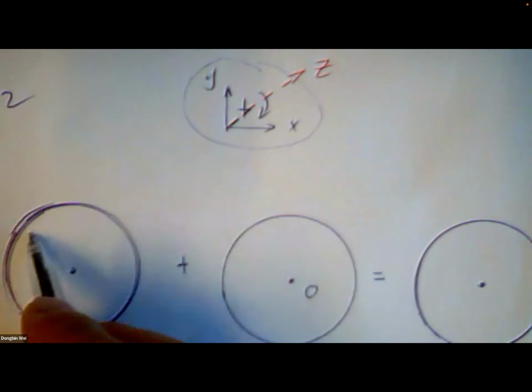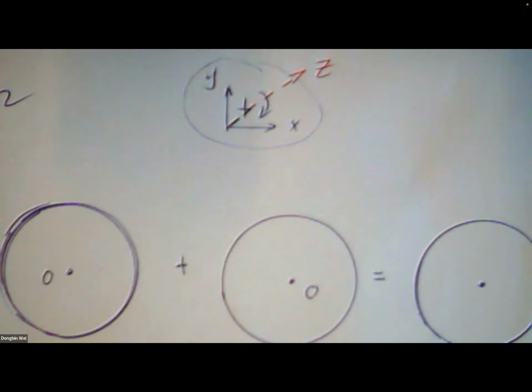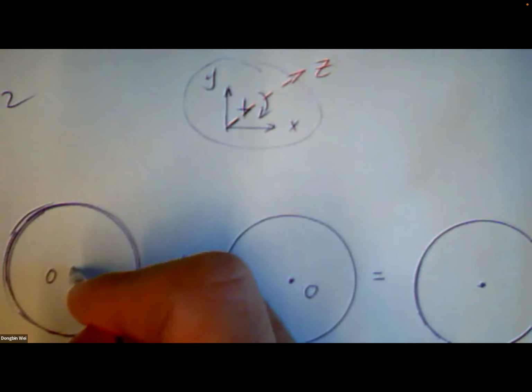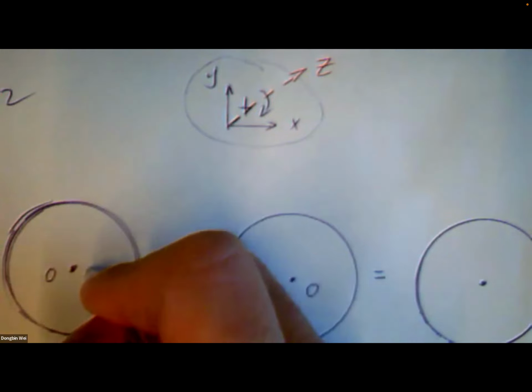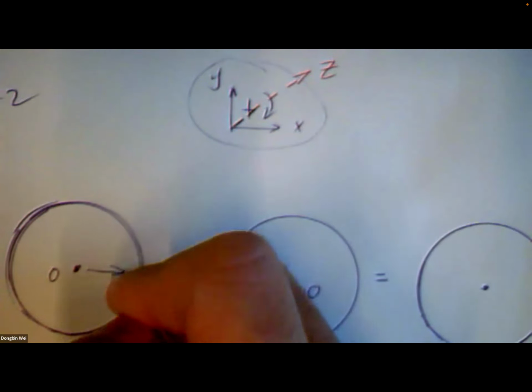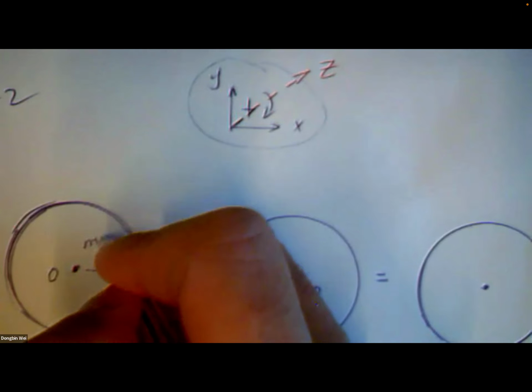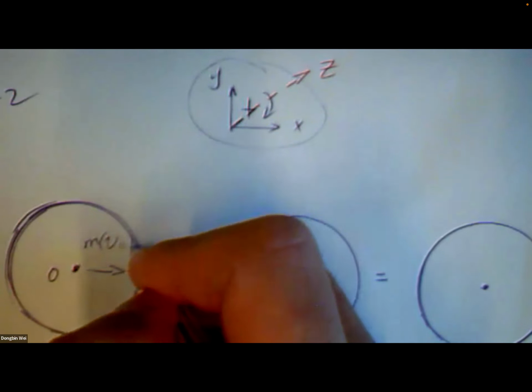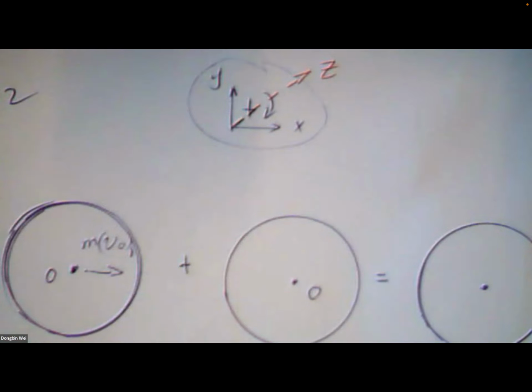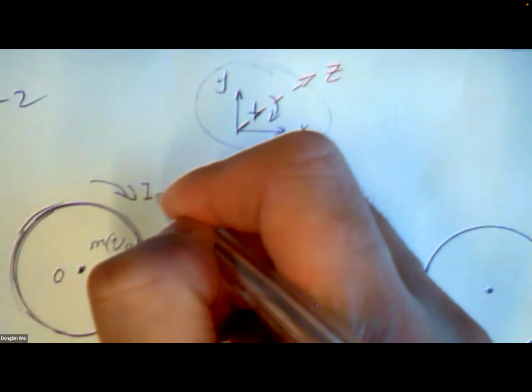Now, initial momentum. At this point O, which is also the mass center, we have m vO1, and here we have IO omega 1.